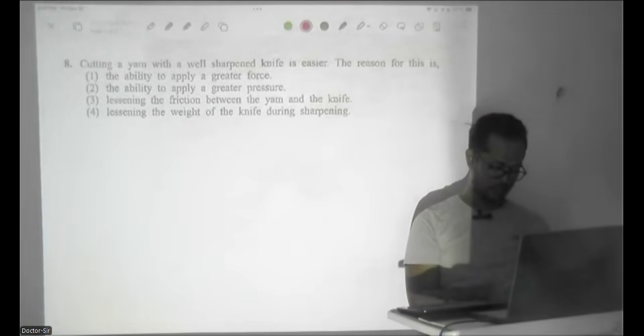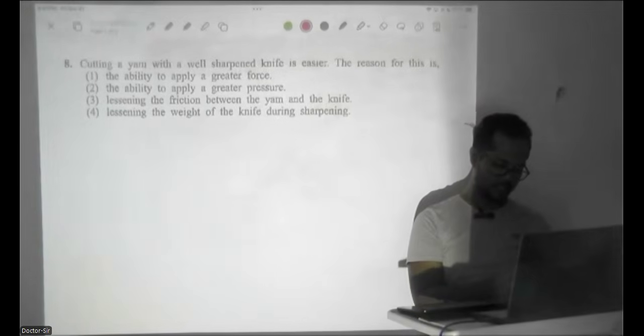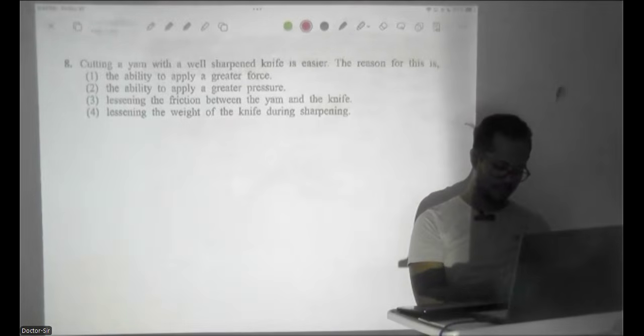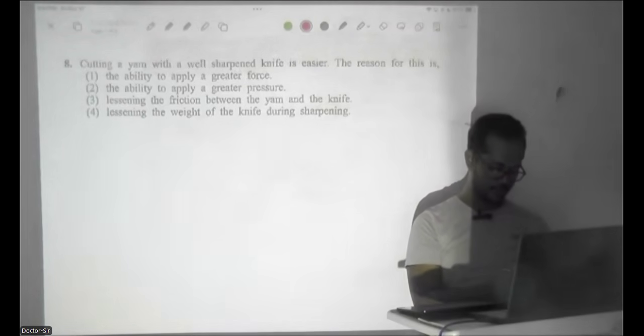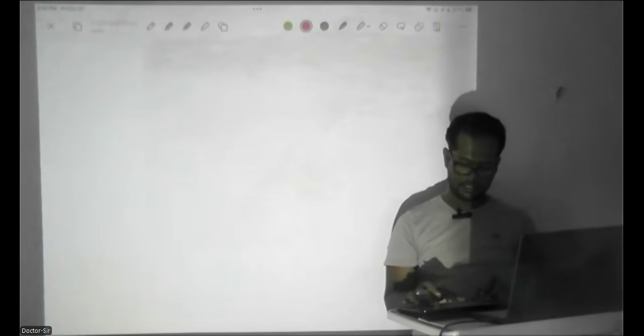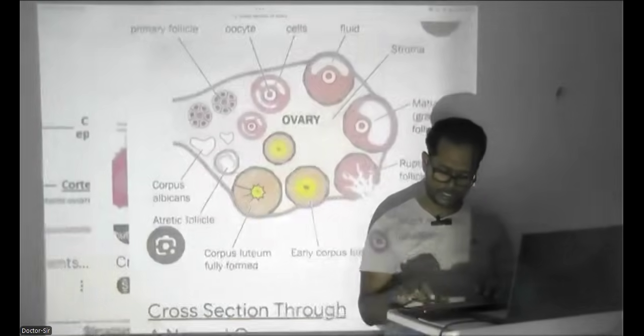Now look at the answer. Why are we taking answer 2? Right. Now I need some images.